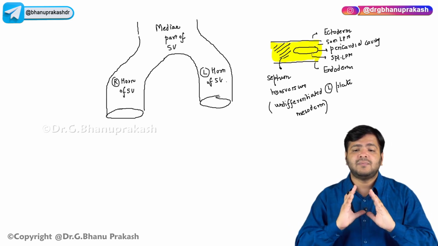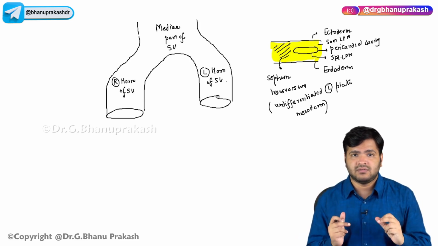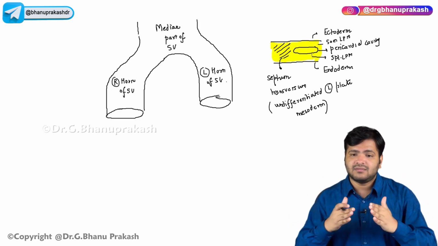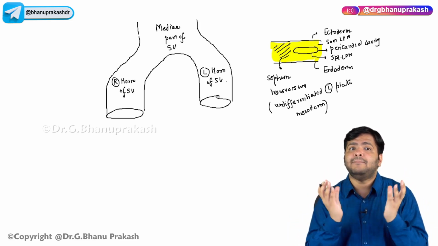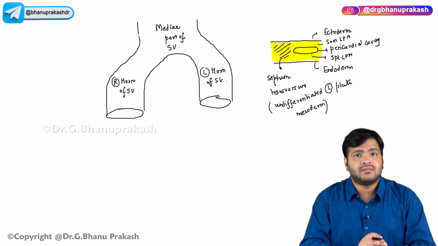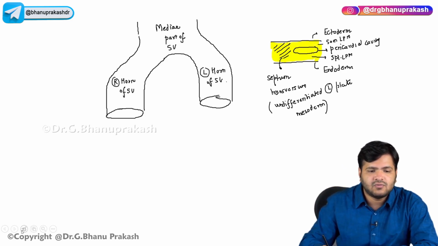So we already know the septum transversum: initially it was around the sinus venosus, but as the heart tube grows, the sinus venosus, which was earlier embedded around this septum transversum, later on moves away from it. Let me try to show you.